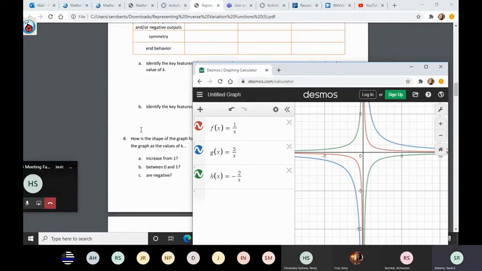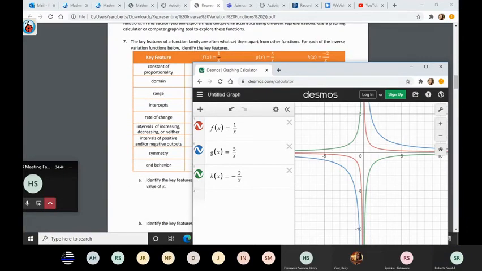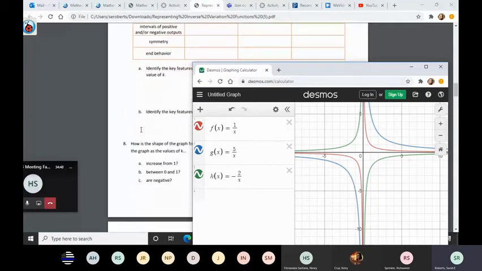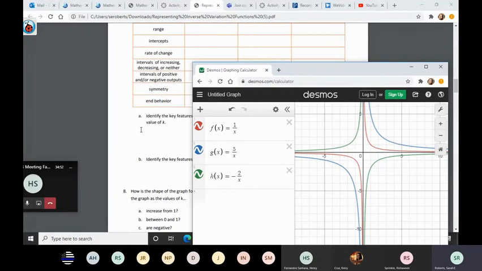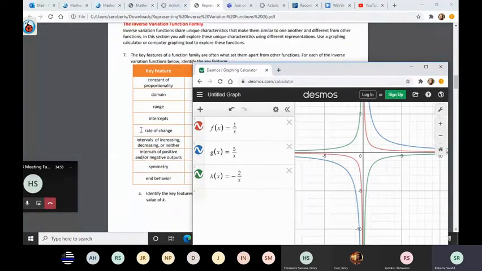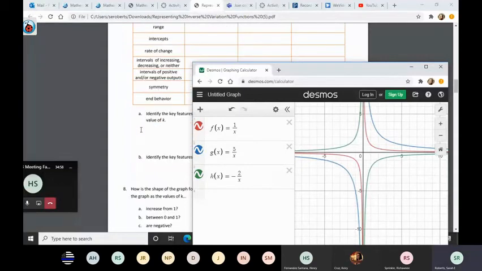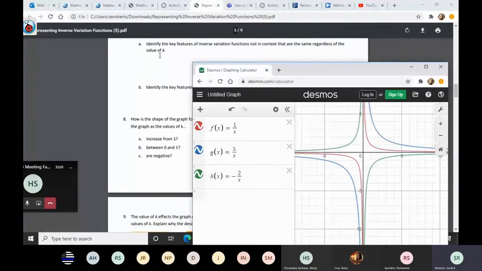Let's see, what is it referring to when it says k? Regardless of the value of k. k, I'm pretty sure, is referring to the constant of proportionality, but it doesn't ever define that. So look at the things that change.